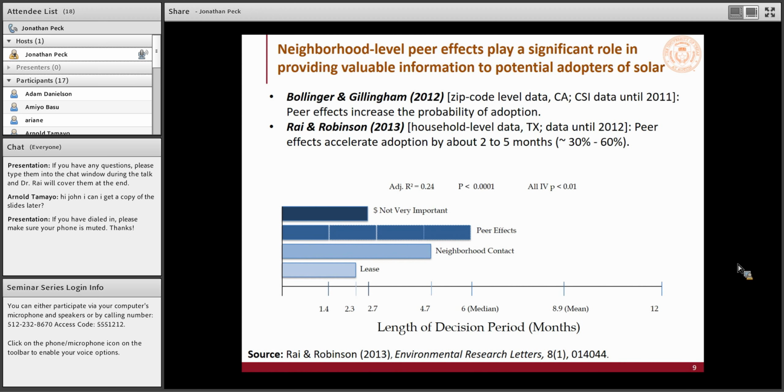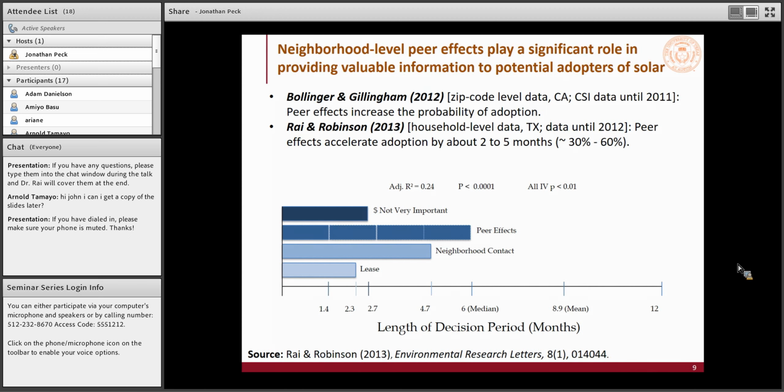The chart that you're seeing at the bottom, this was again using data in Texas from 2009 to 2012, where the mean adoption time from when somebody started thinking about going solar to actually signing a contract was about 9 months. So that's indicated on the x-axis as the mean, 8.9 months.